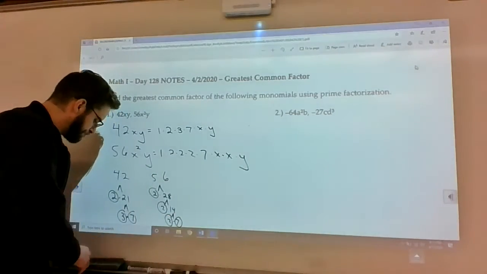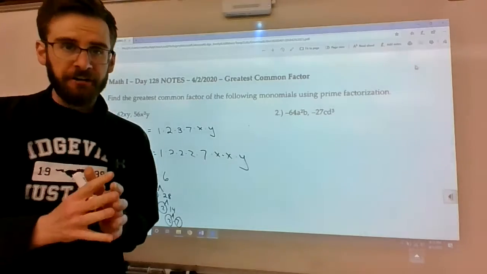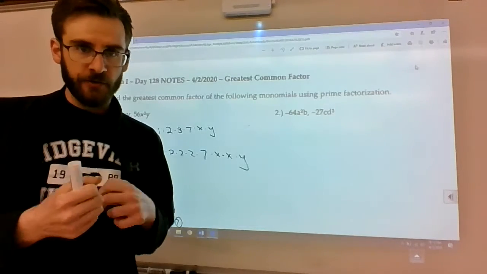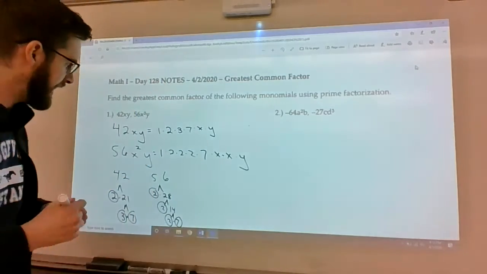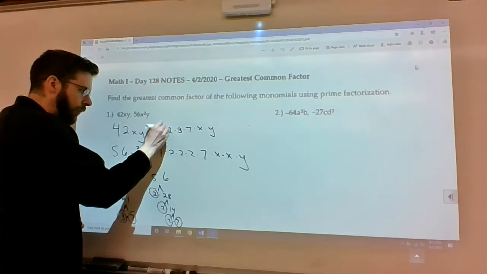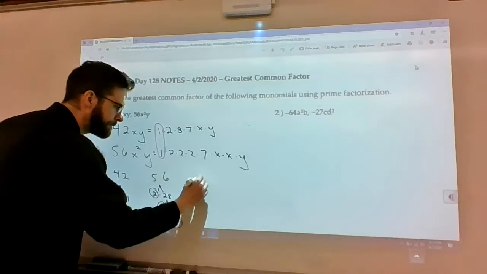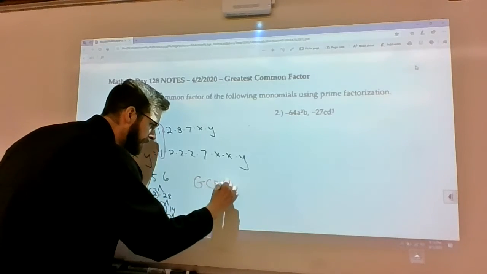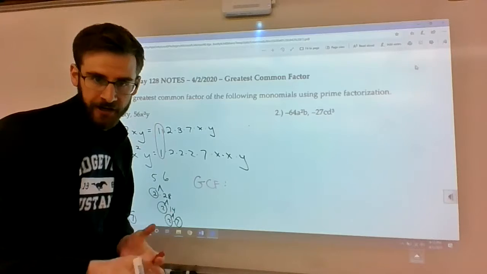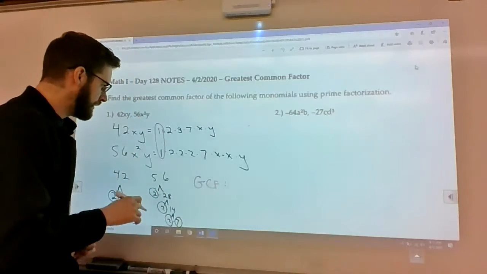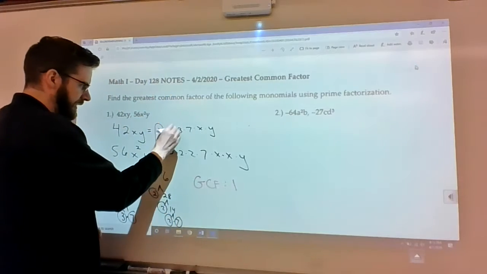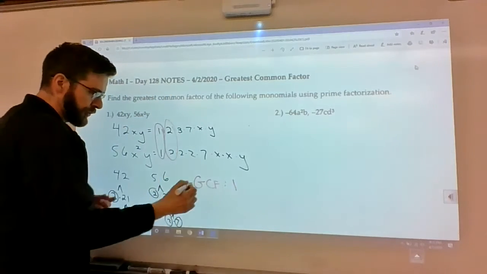So now, the shared factors make up the greatest common factor. I'll use GCF to abbreviate greatest common factor. So it's 1. They also share a 2.